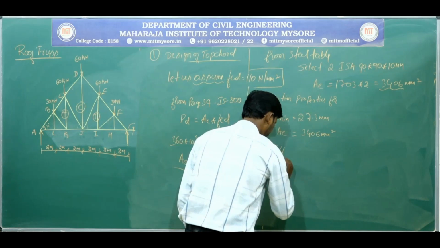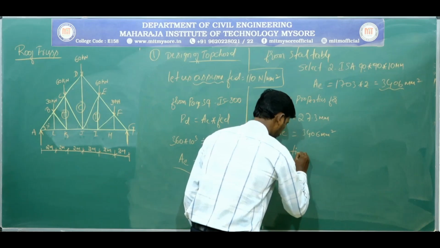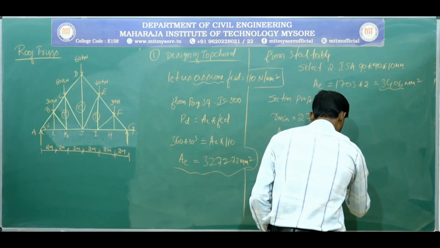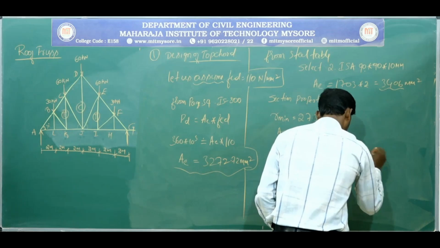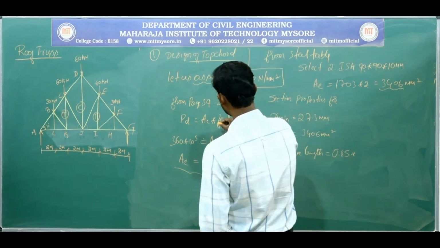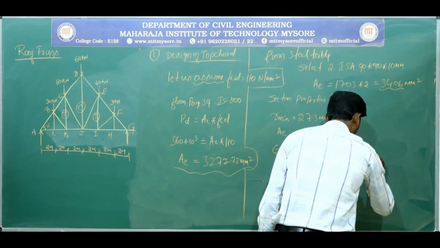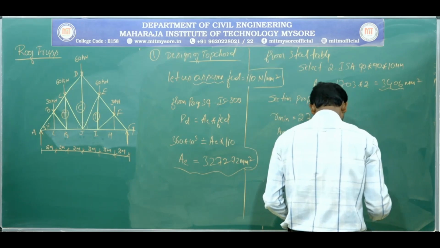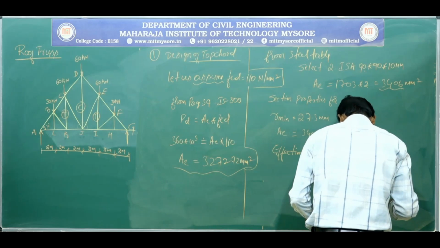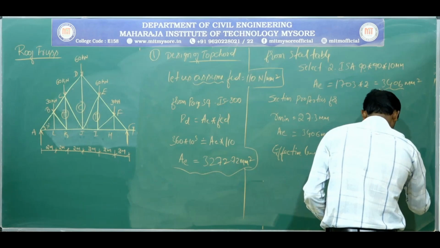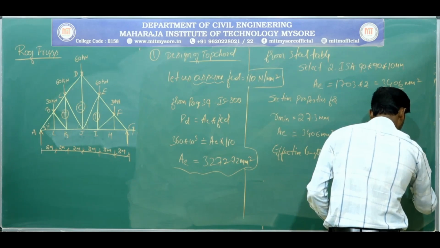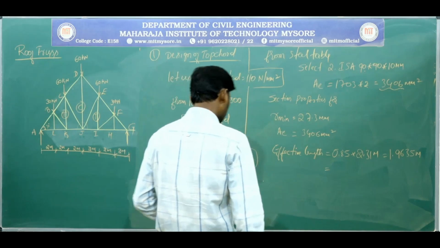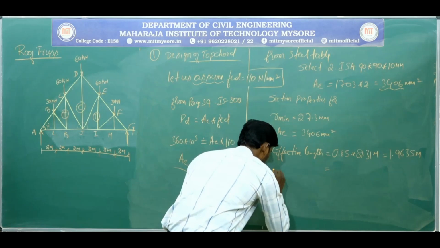So what is the effective length? Effective length is equal to 0.85 into, what is the length we considered? 2.31 meter. So if you calculate, it will become 1.9635 meter. So what is slenderness ratio?